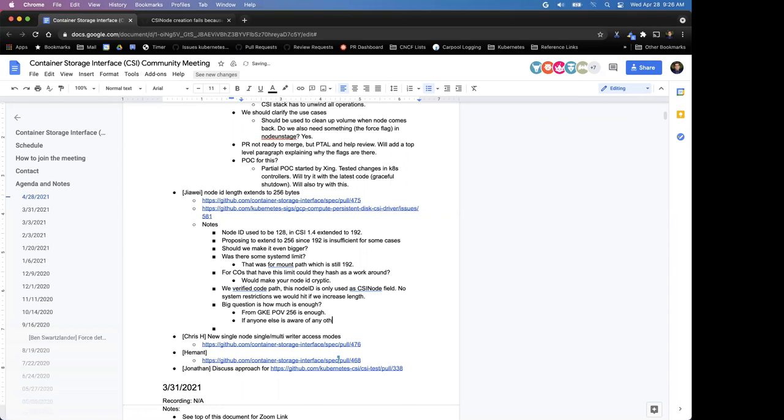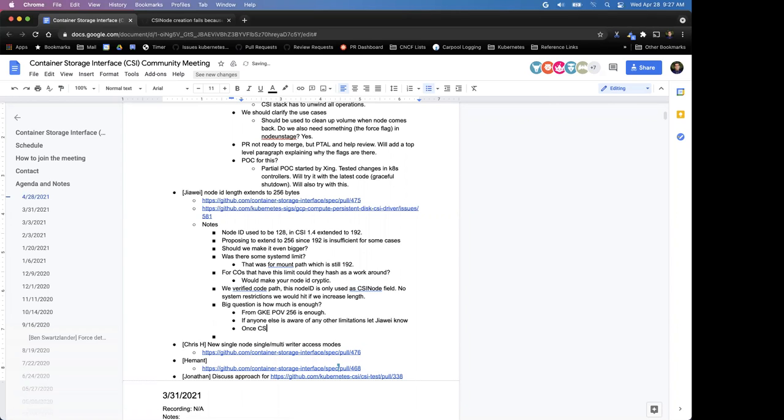This is very important because it matters for the CSI migration in Kubernetes. Once CSI migration is enabled, there will be a lot of CSI node IDs generated.